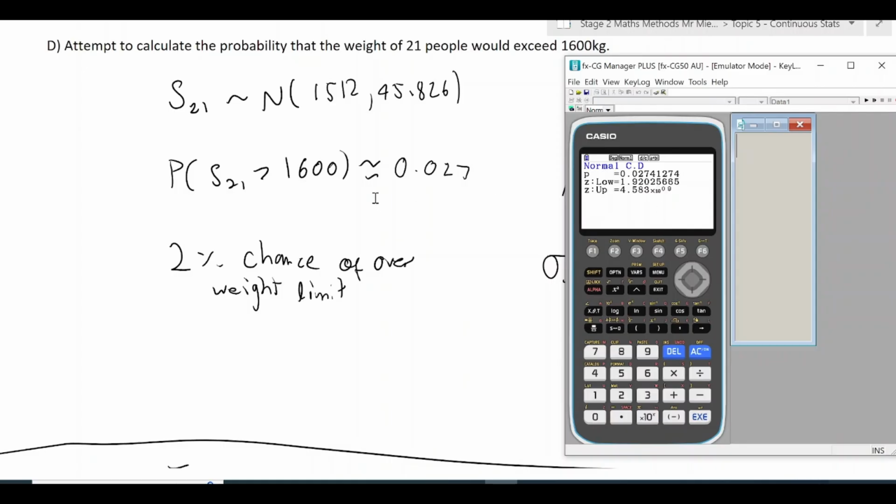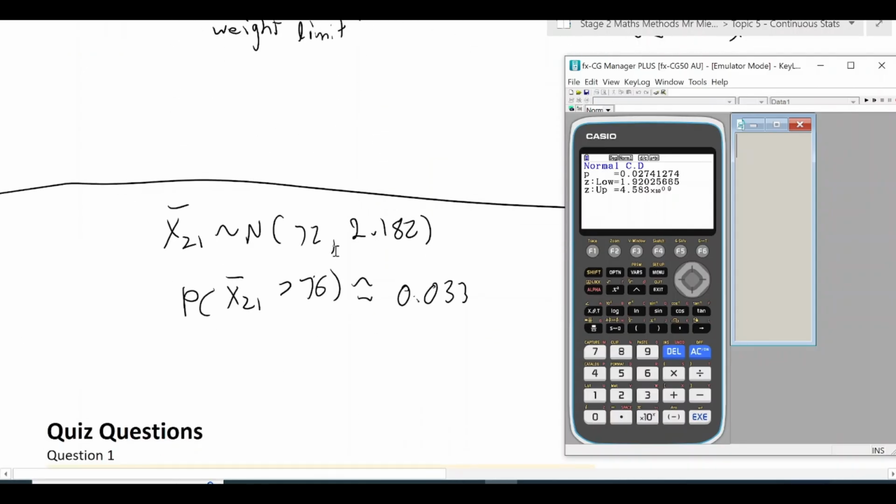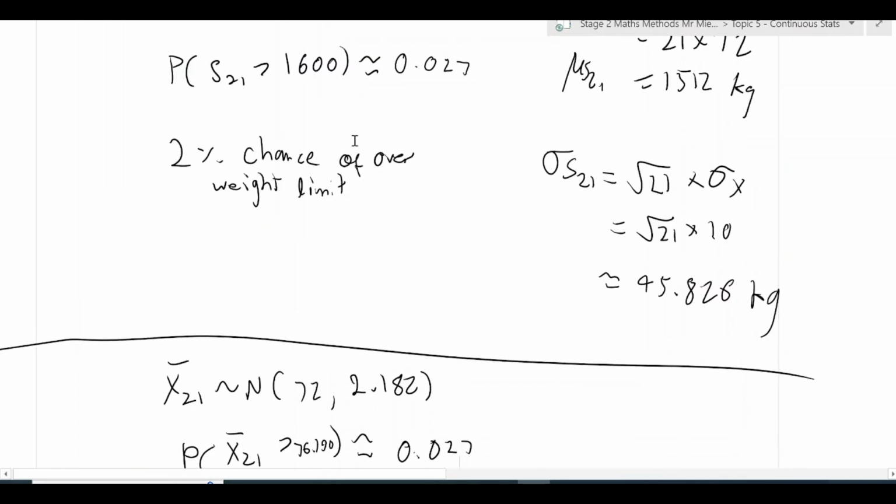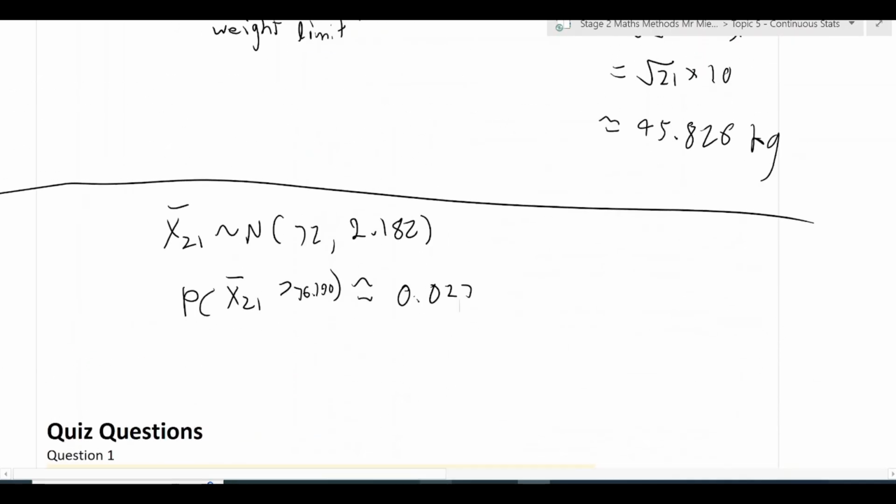Yeah, 0.027, 76.190. Now I can see the importance of rounding because now that answer actually really does match. So you can do it with the S21 method or the X bar 21 method, but either way you're going to get the same probability, 2% chance of doom.